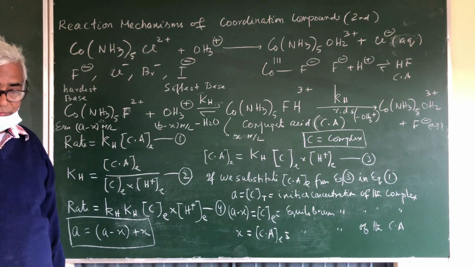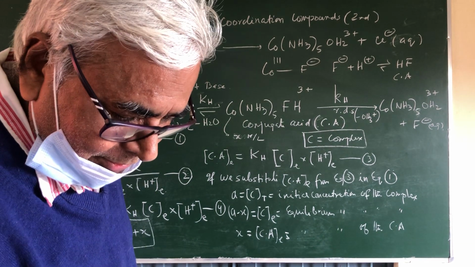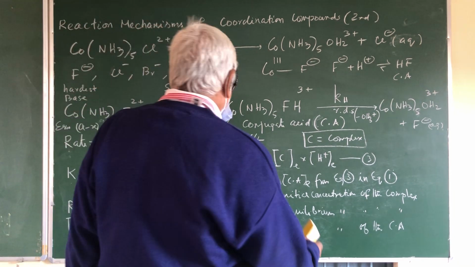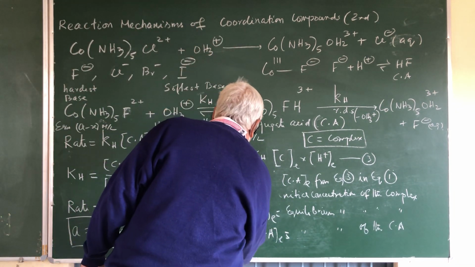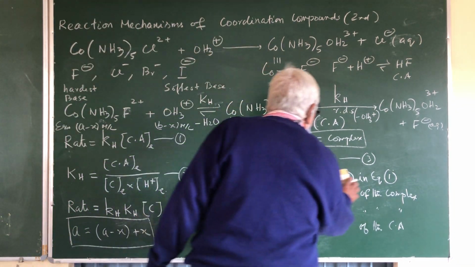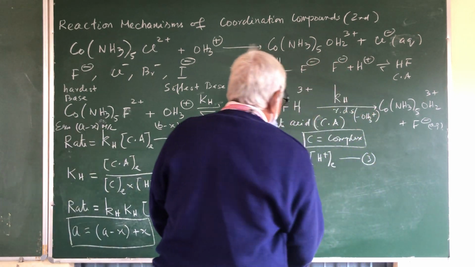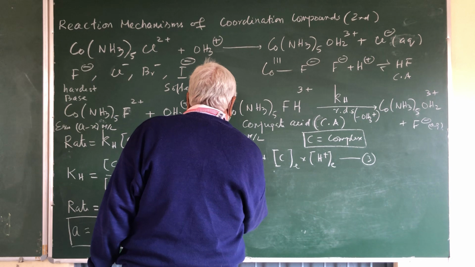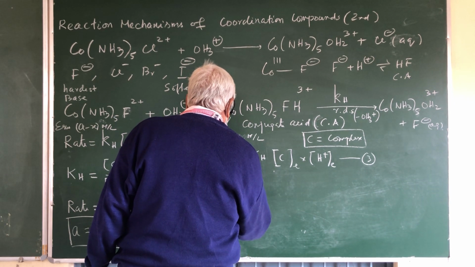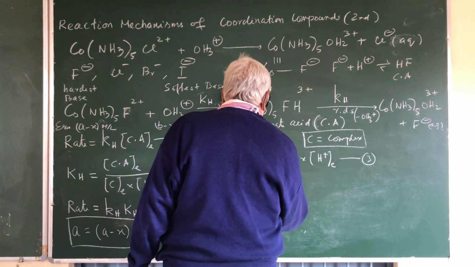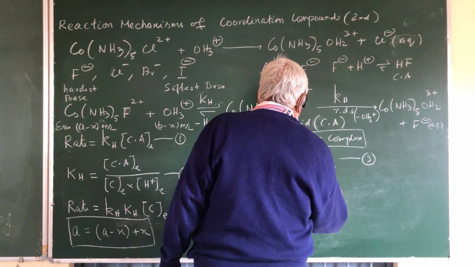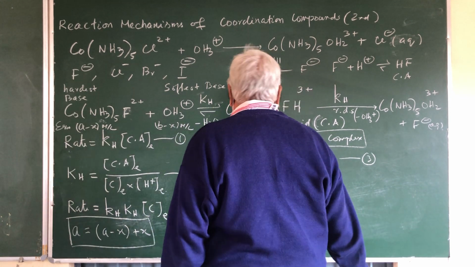The concentration of conjugate acid. So we write complex total is equal to complex equilibrium plus conjugate acid equilibrium. This is our equation 5.